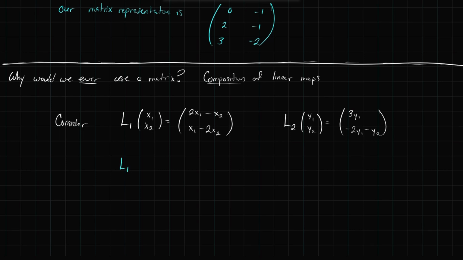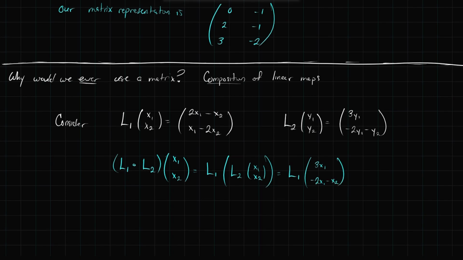They have a composition. Let's recall what this means. They have a composition which would be defined as, on x1, x2, L1 on the output of L2 of x1, x2. And L2 is going to move x1, x2 to the vector 3x1, negative 2x1 minus x2.